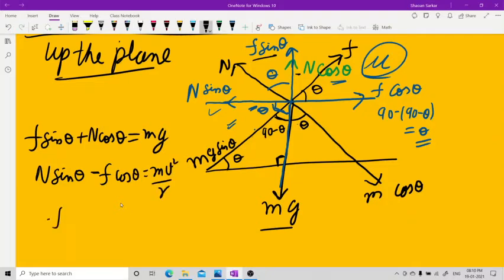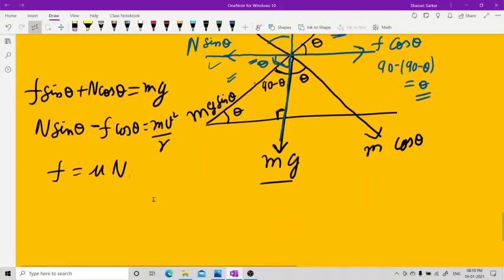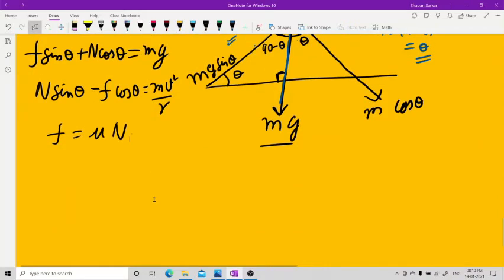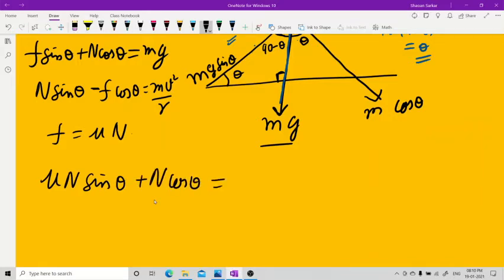Now as usual you write f equal to mu n, and exactly the same procedure you used earlier, you will have to use here. You will have to write mu n sine theta plus n cos theta equal to mg.